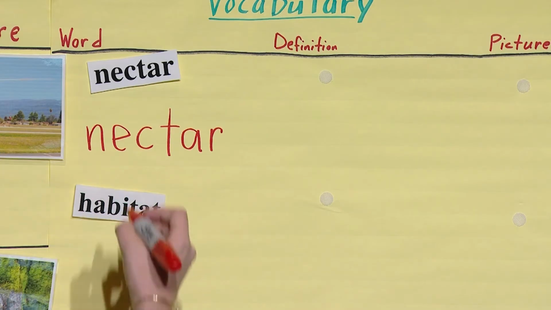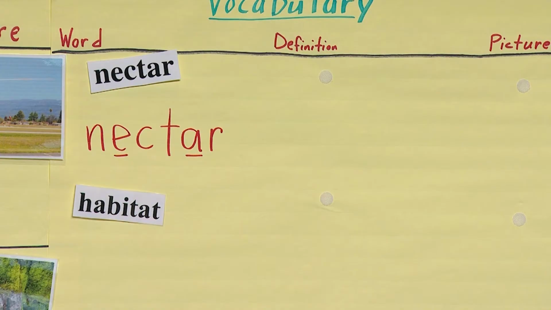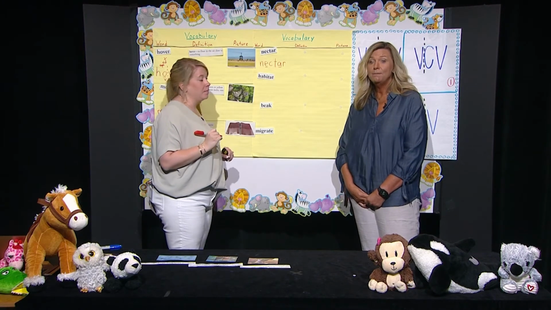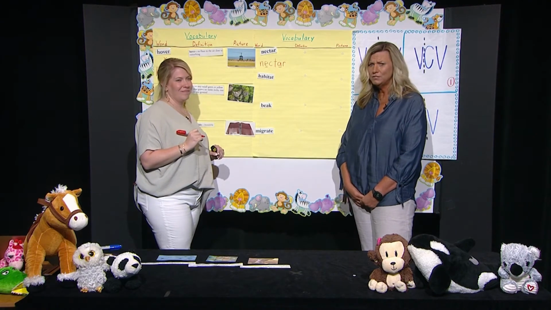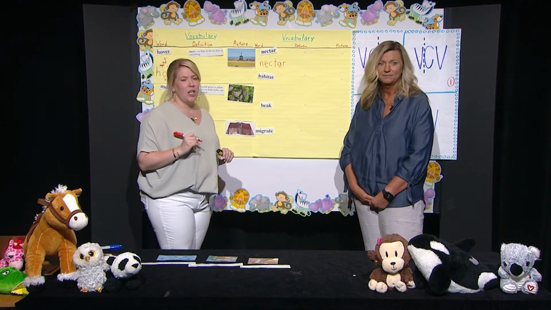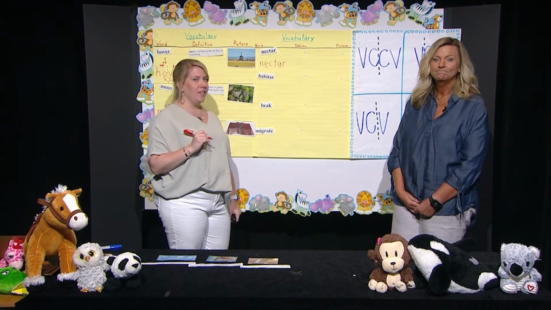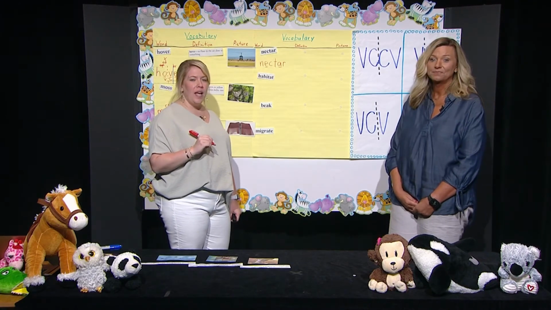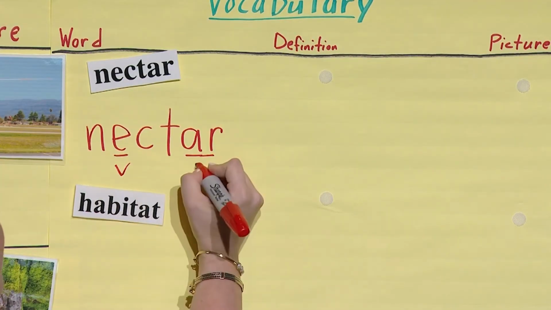I see vowels E and A. Miss Chelsea, I noticed that our second vowel A is immediately followed by the letter R. Isn't this important for us to remember? Yes. Boys and girls, do you remember what we call this letter combination? That's right. It's an R control. And we will keep the AR together when we label the vowel.